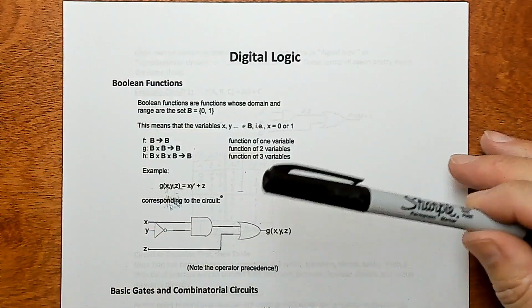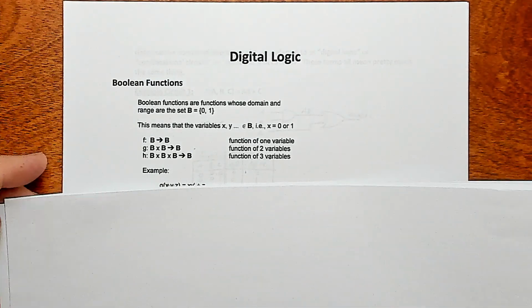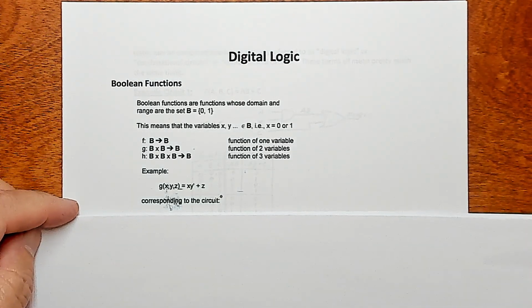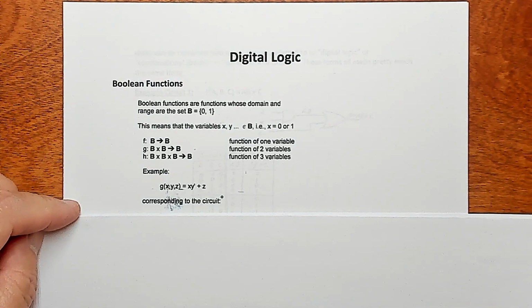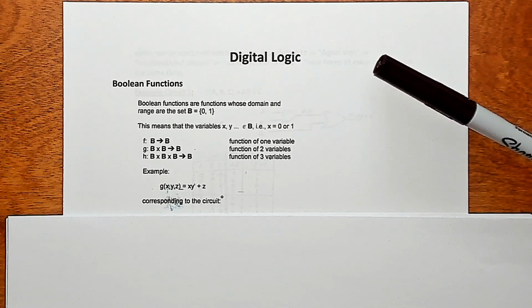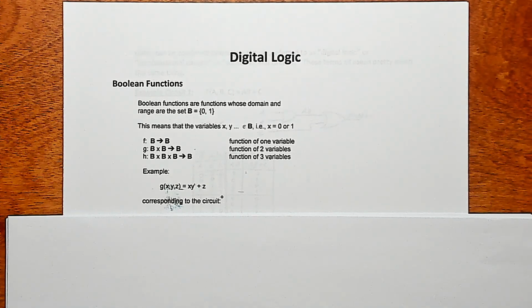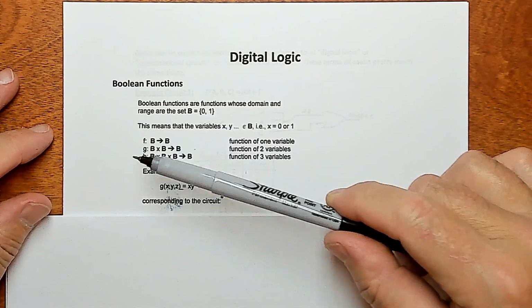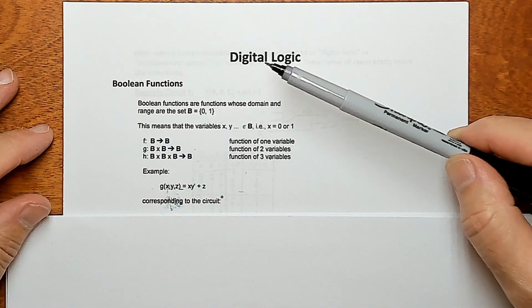Okay, so a little bit of the math background, starting out with a math perspective. We can think of Boolean functions as functions, which we've talked about in previous units. Boolean functions are a specific kind of function that maps Boolean values, that is true/false values, in the domain back to true/false values in the range.